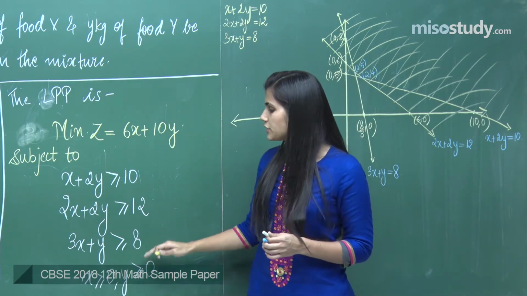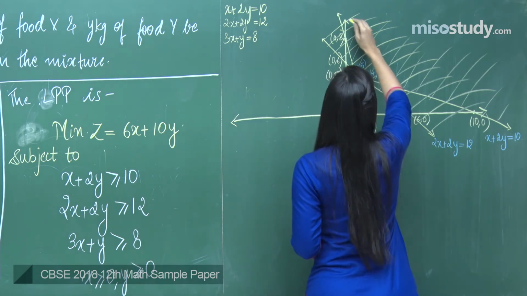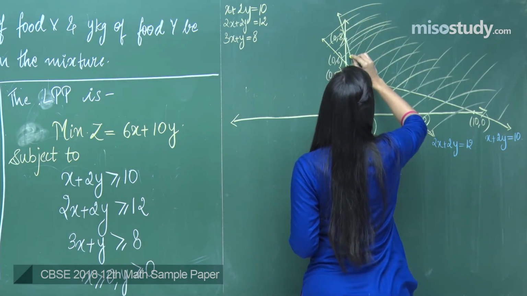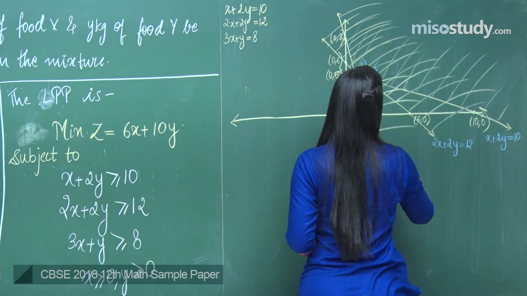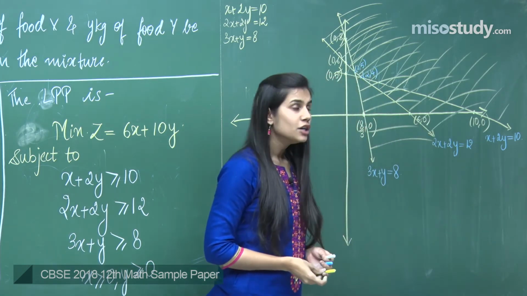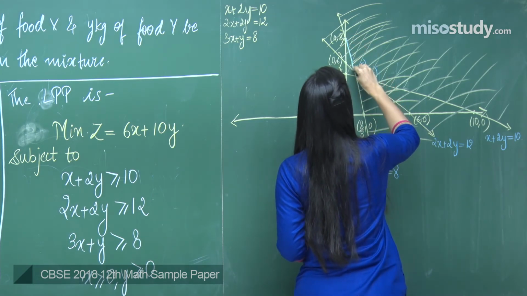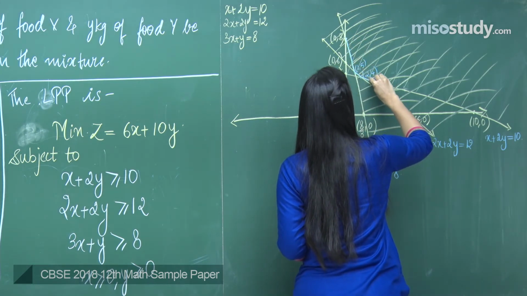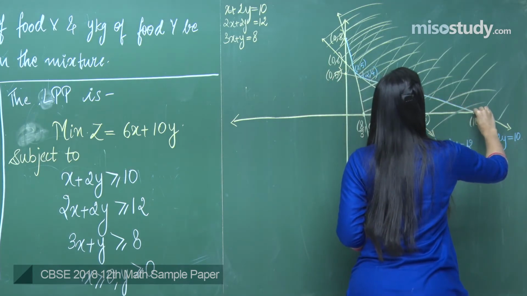After this, the third constraint said 3X plus Y is greater than equal to 8. So what is the common region? The common region is given by this region.